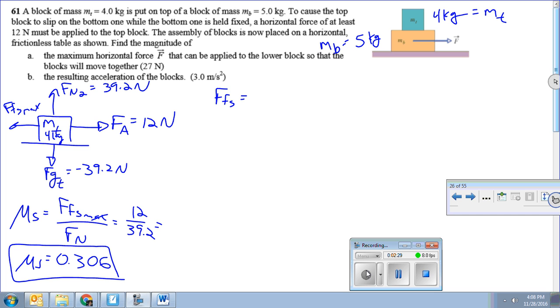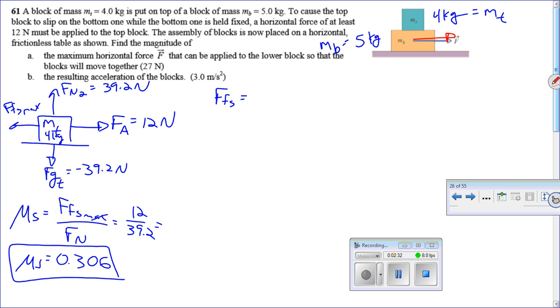Check it out. If I pull the bottom block with some force, we'll call that F, then for the block on the top, mass on the top, 4 kilograms, the idea is I don't want it to slide across the bottom block.